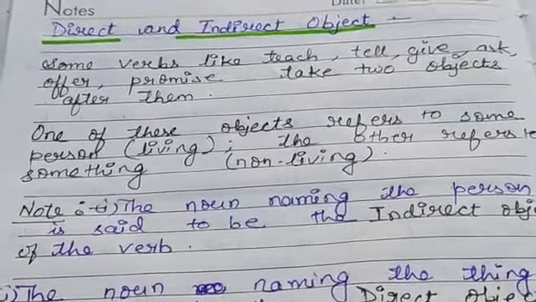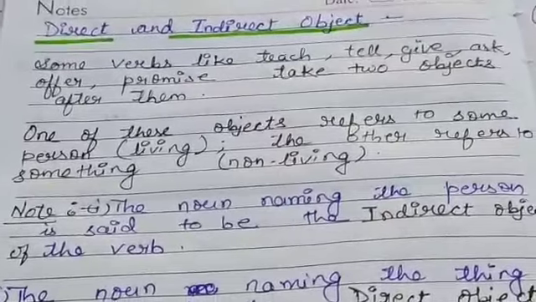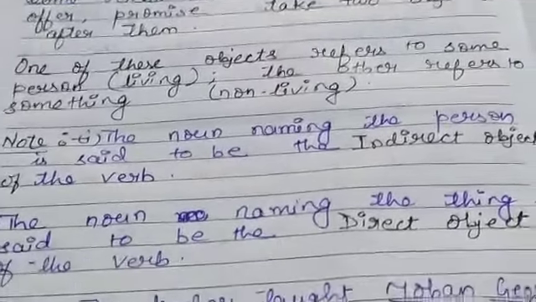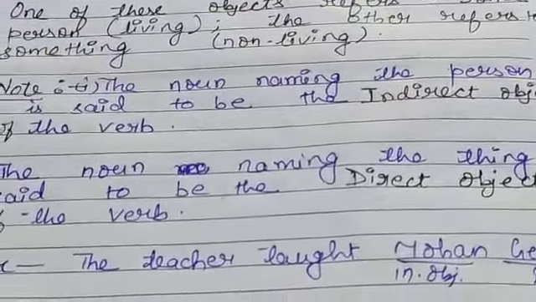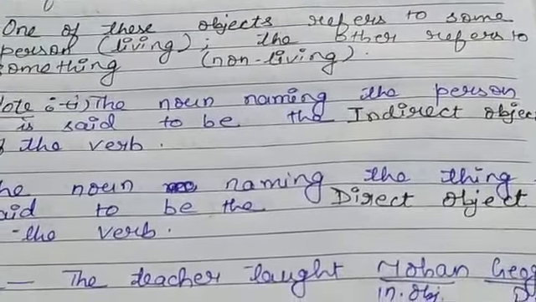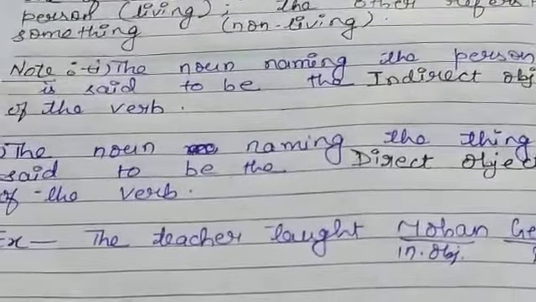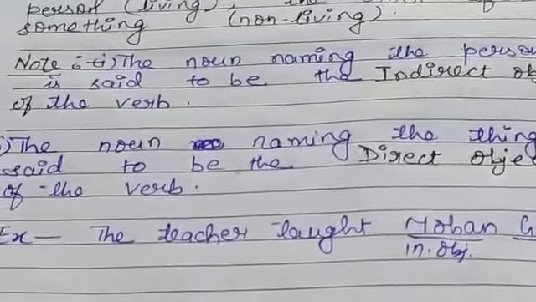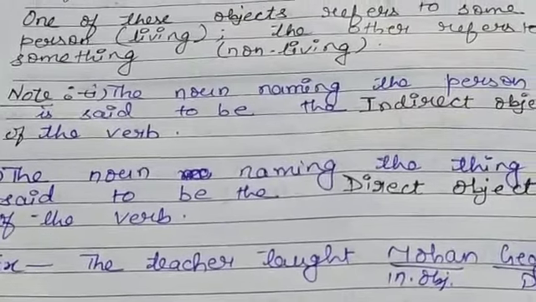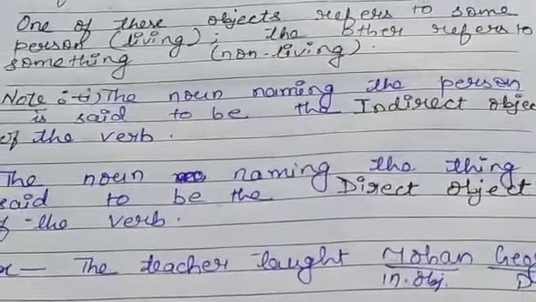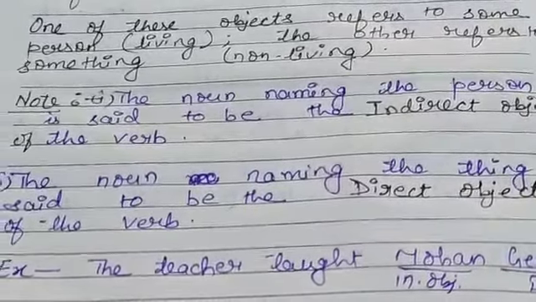How to identify which is direct object and which is indirect object? I will give you a simple trick. Indirect objects are always living things and direct objects are always non-living things. That you remember.